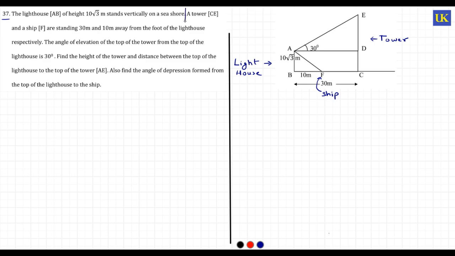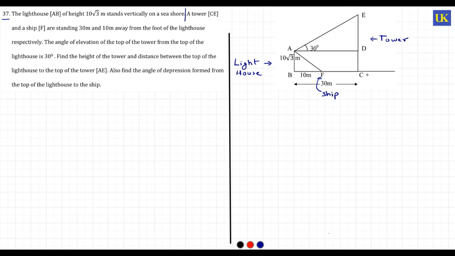Then there is another, different structure, a tower. CE is the tower, and AB is the lighthouse. There are two different things. The tower CE and a ship are standing 30 meters and 10 meters away from the foot of the lighthouse, respectively.